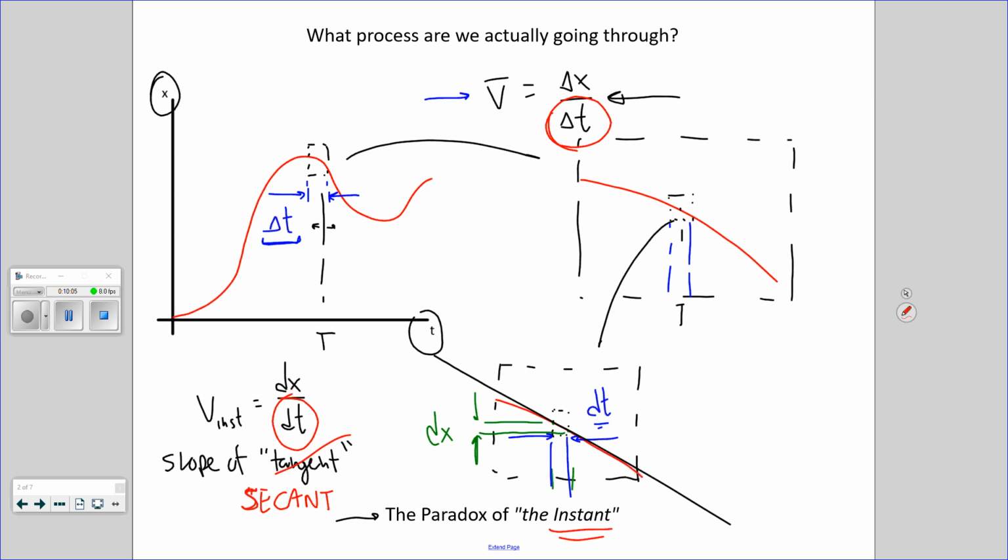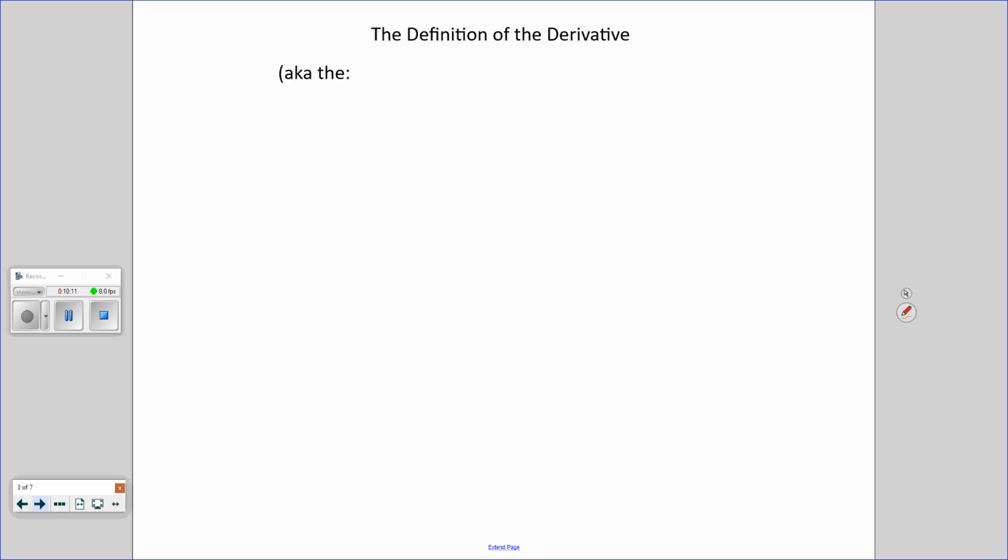Okay? Now, how do we actually do that? Well, we have to talk about this definitionally. You calculus students have maybe seen a definition of how you calculate a derivative.